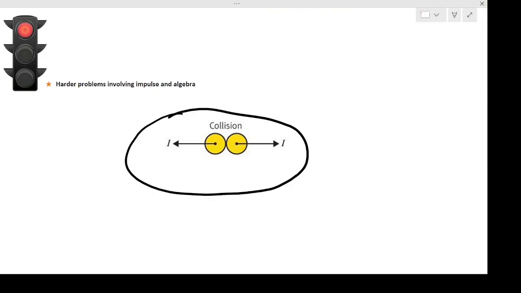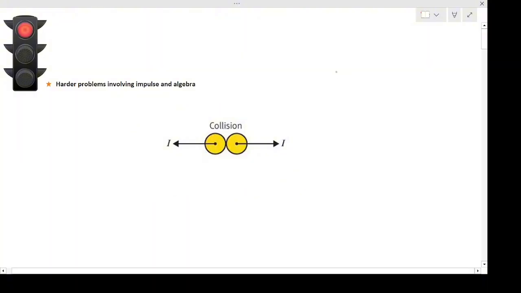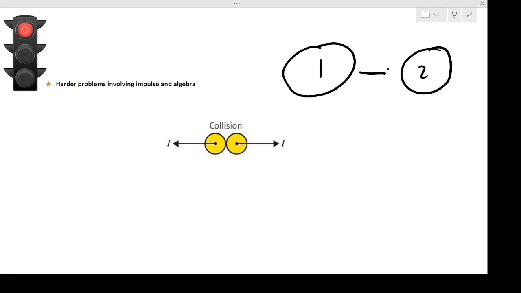Okay, as you can see here. And the idea is, if I have two balls here, and I call them 1 and 2, the first ball pushes into the second one like this, so that imposes an impulse like this onto the second ball.